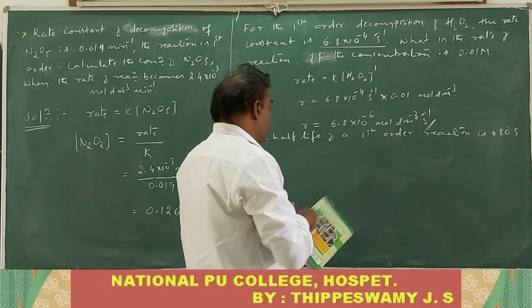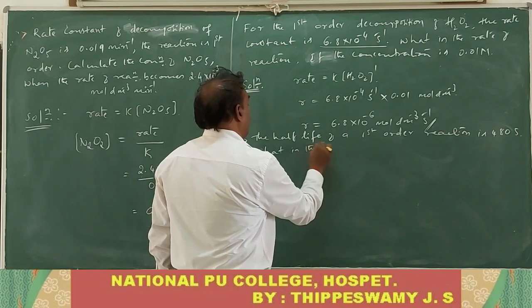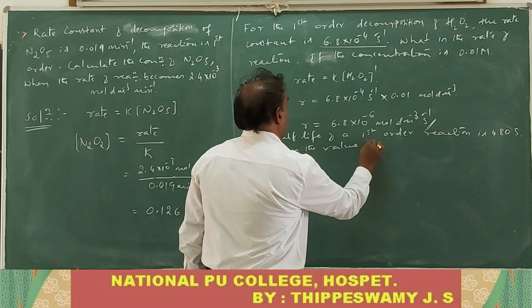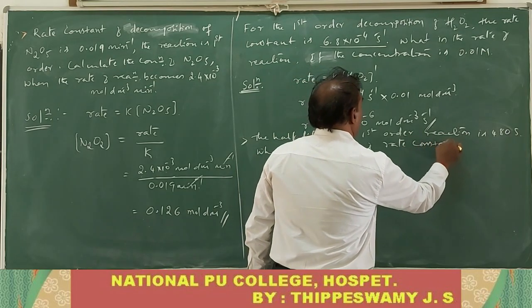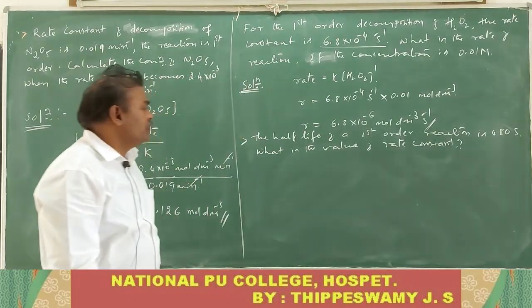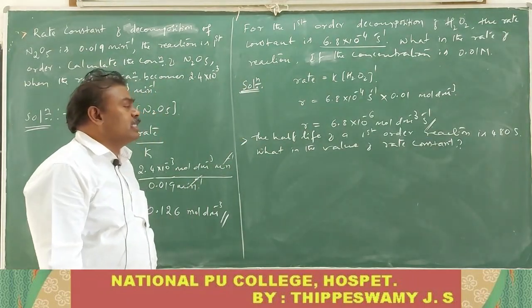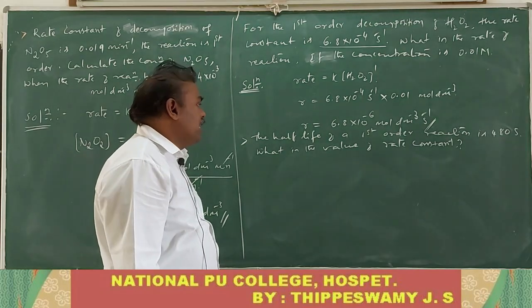What is the value of the rate constant? You should understand the question clearly. The half-life of a first order reaction is 480 seconds. What is the value of the rate constant?